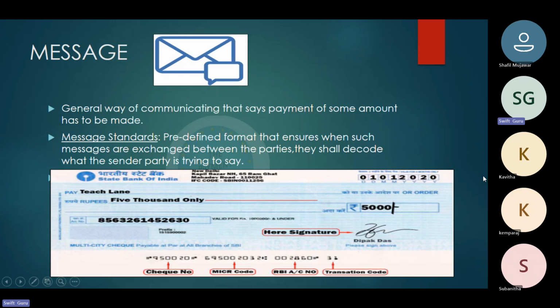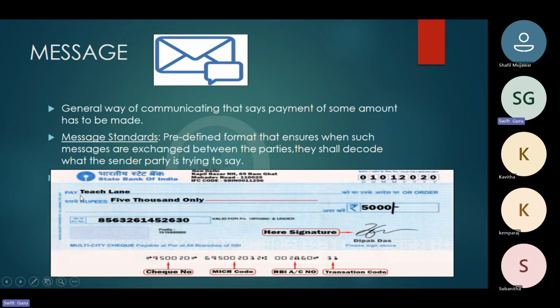The pay section is there, basically the name of the beneficiary to whom they would like to make a transfer. The rupees in words is there, and the amount in digits is there. By default, the account number is pre-populated, the signature you have to do manually, and there will be a check number. So all these fields are available.